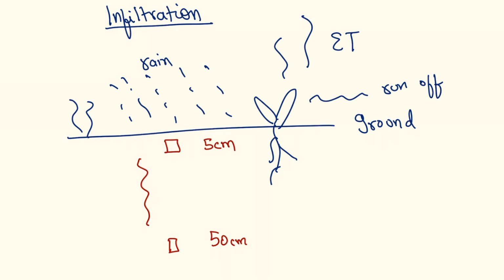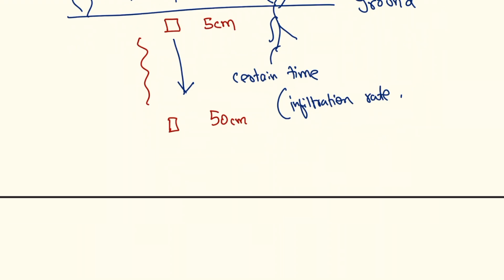So not all water that touches the 5 centimeter will reach 50 centimeter, and even if it reaches, it takes certain time. The idea is that we will see how we can quantify that time it takes to reach 50 centimeter.